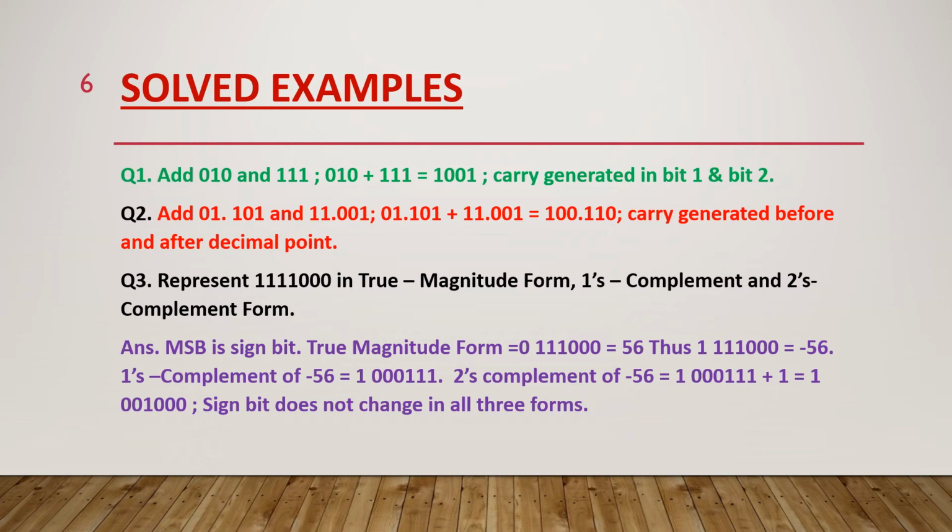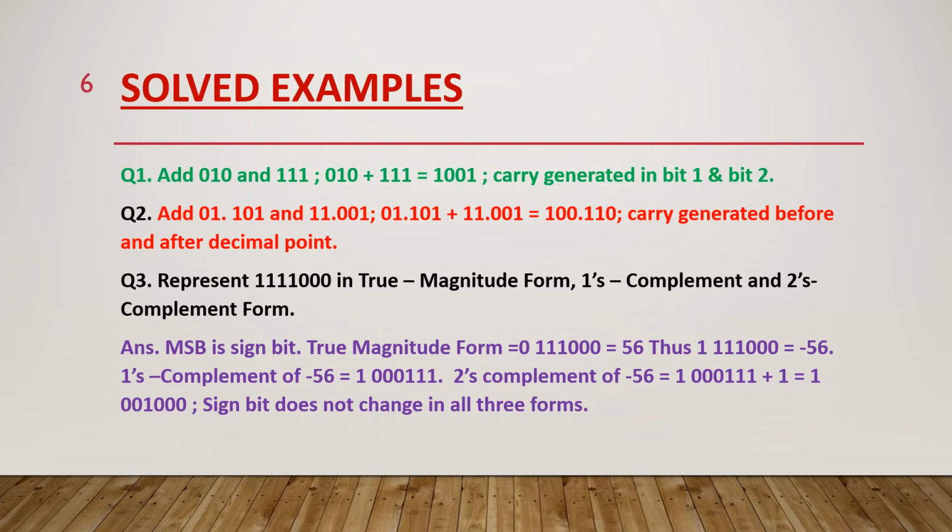Question number 3 is represent 1111000 in true magnitude form, 1's complement form and 2's complement form. Now in this case, the MSB is the sign bit. The true magnitude form is 56, and obviously it is positive.